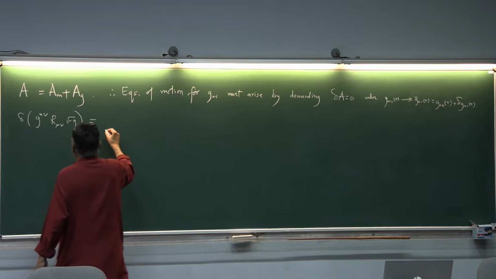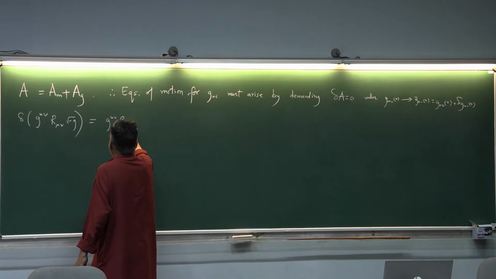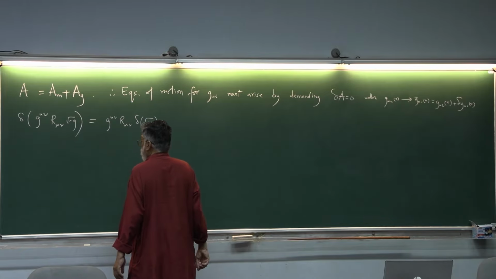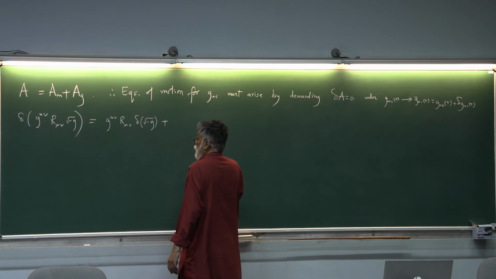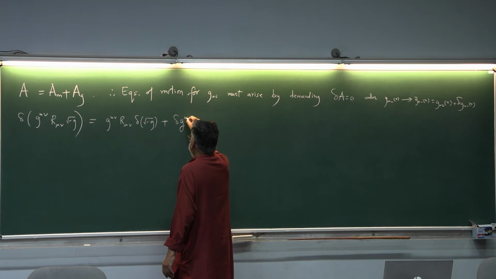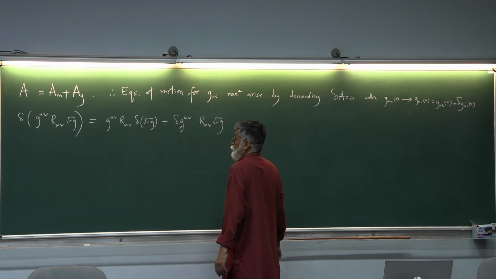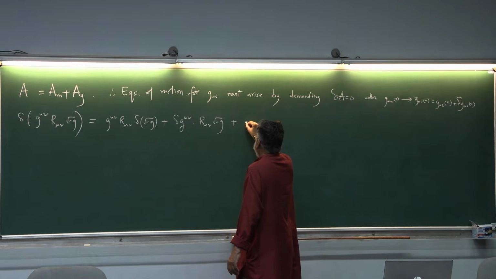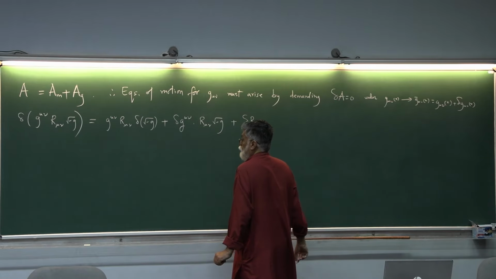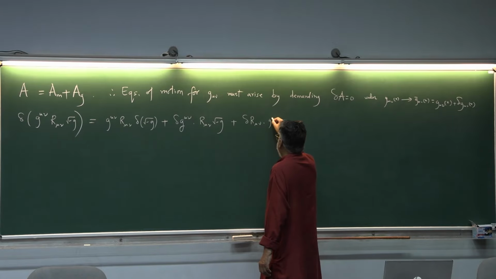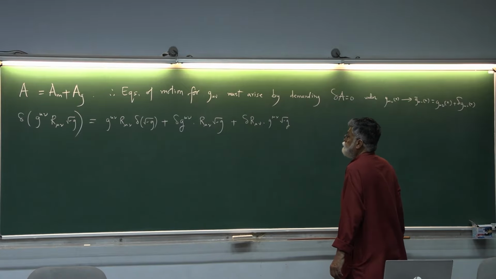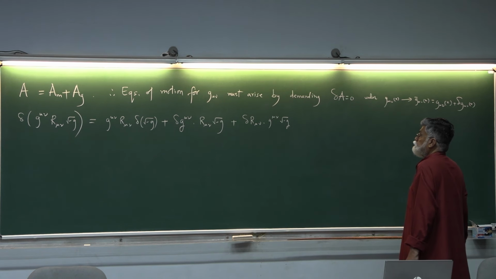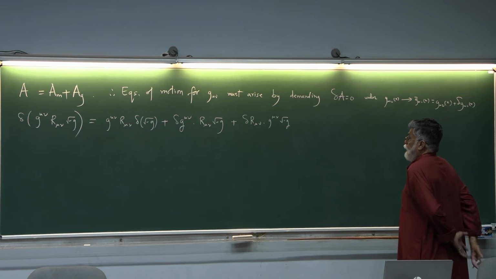There will be a term which is G mu nu R mu nu delta of root minus G, then plus delta of G mu nu R mu nu root minus G, plus G mu nu delta of R mu nu root minus G.